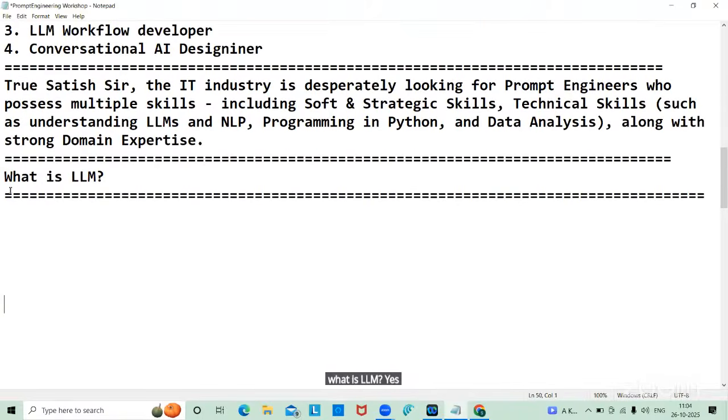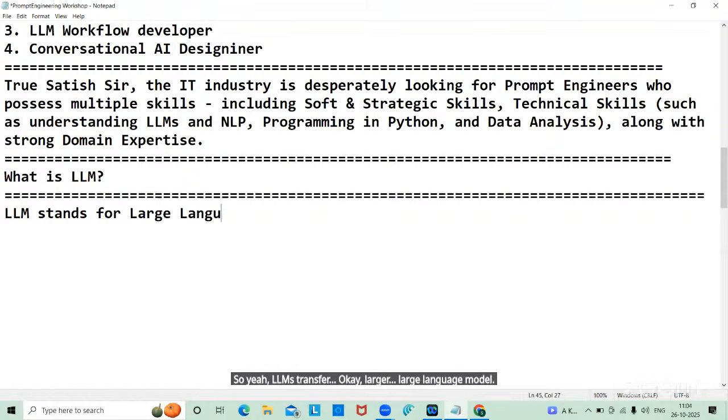Yes, abbreviation is good. LLM stands for large language model.